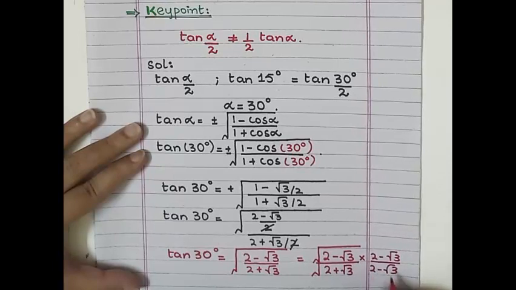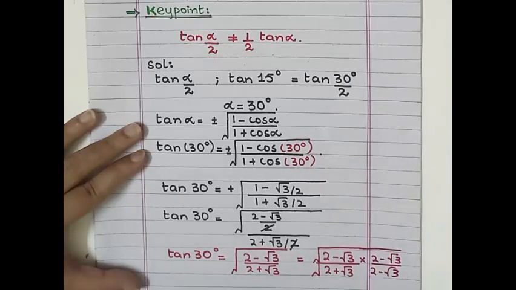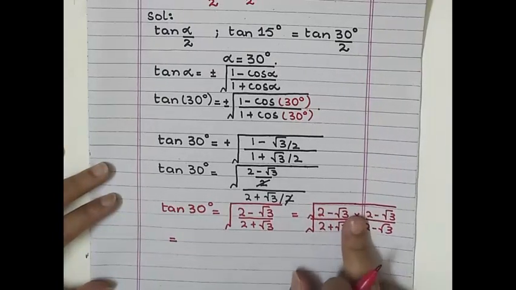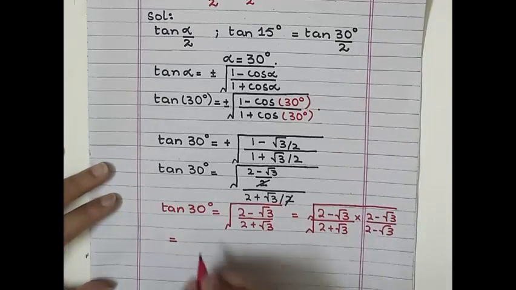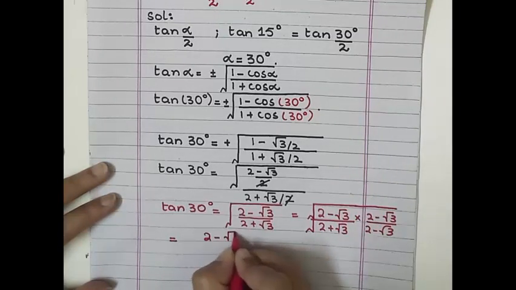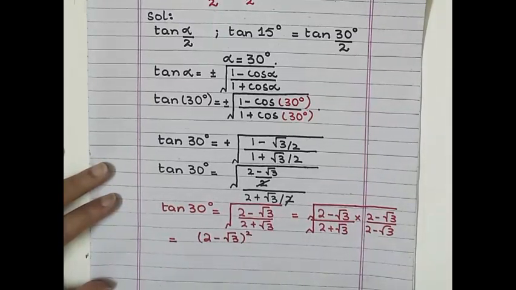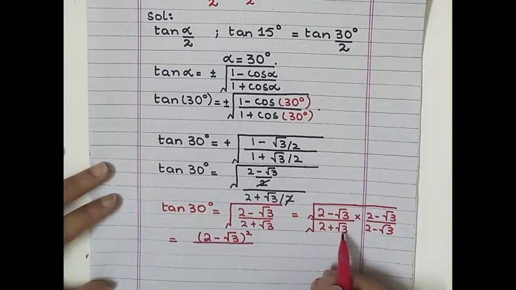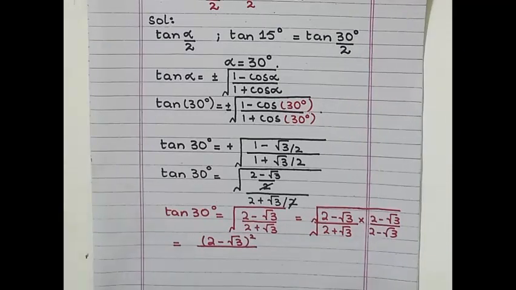This gives 2 minus root 3 whole square, divided by 2 plus root 3 and 2 minus root 3.